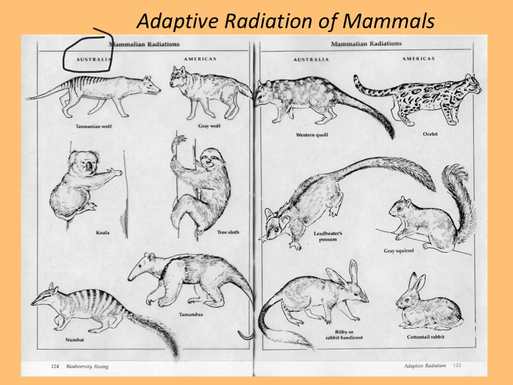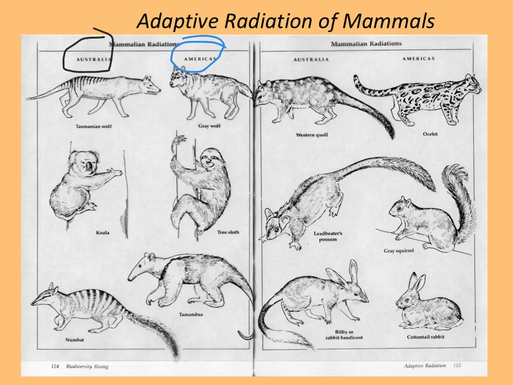So this is Australia, and this is the Americas. That Tasmanian wolf and the modern gray wolf, do you think they're related to each other? Why would you say that? I don't know, because since you say that all creatures come from a certain ancestor, right.